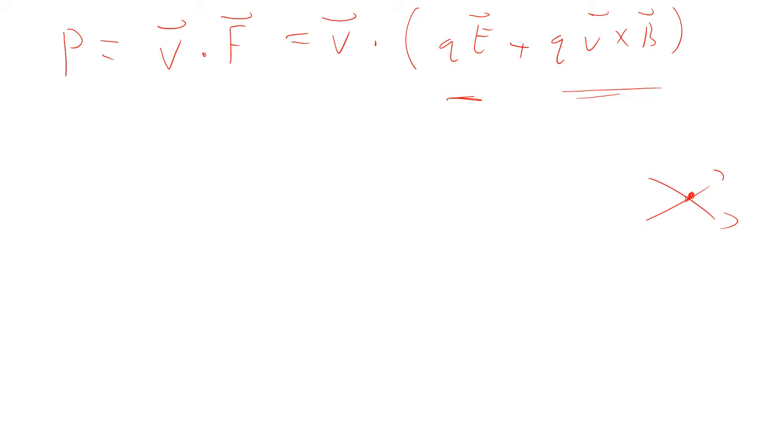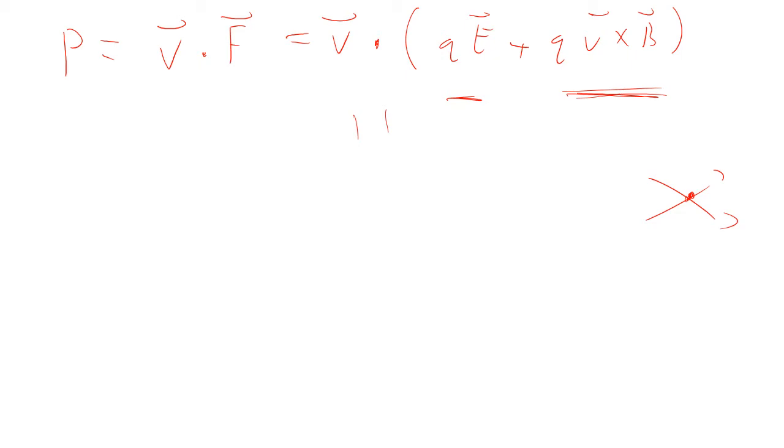And so we look at that and we say, okay, this is great. Well, interesting thing, this is a dot product right here. This over here is a cross product, V cross B. Well, V cross B is going to be in a direction that's perpendicular to both V and B. Well, V dotted with something that's perpendicular to it is 0.